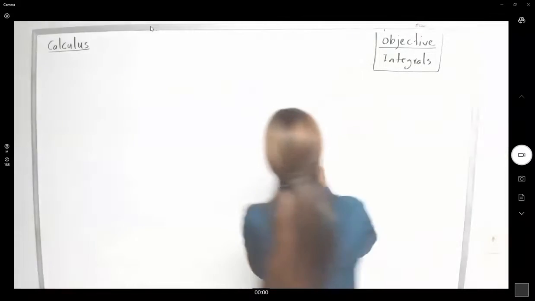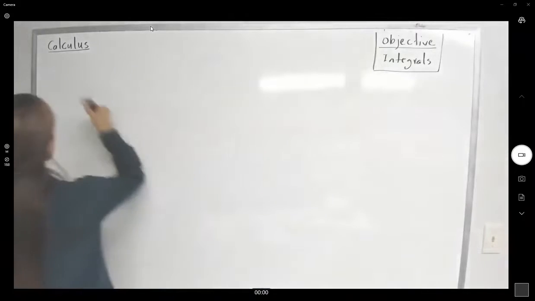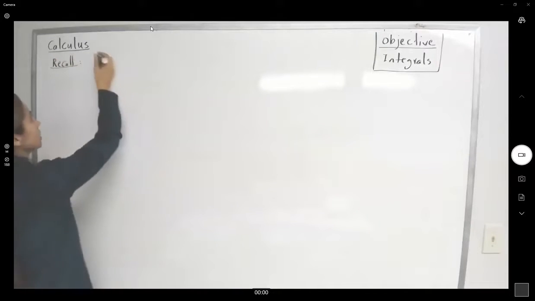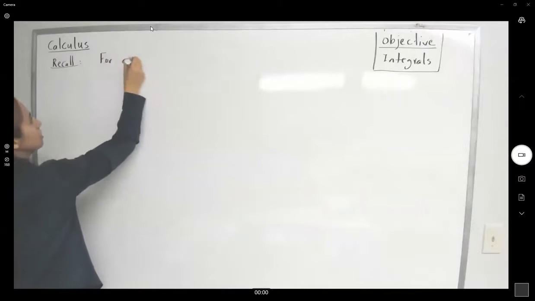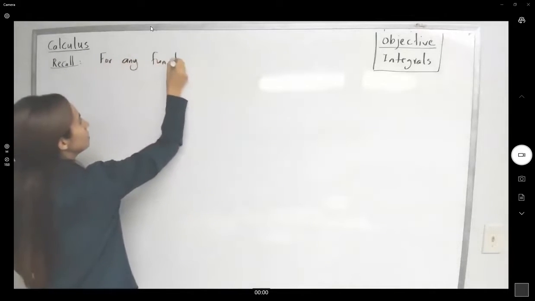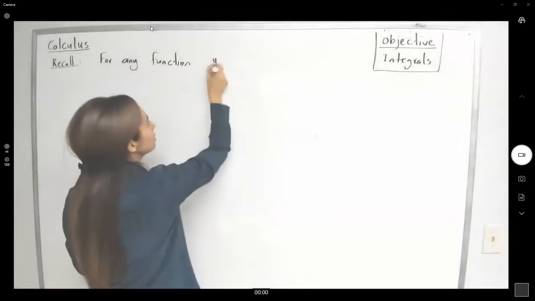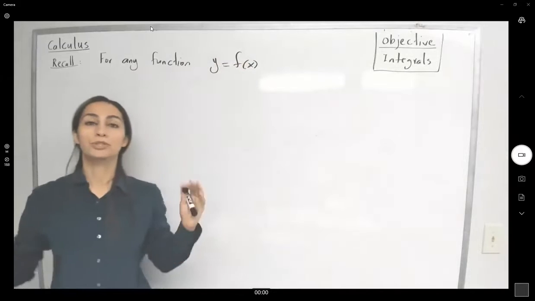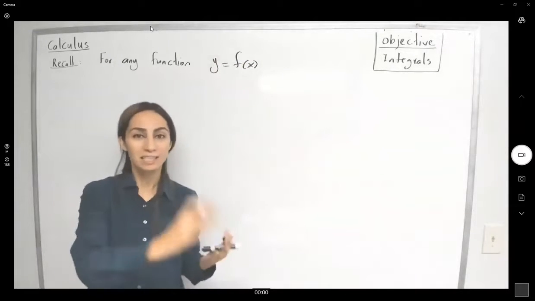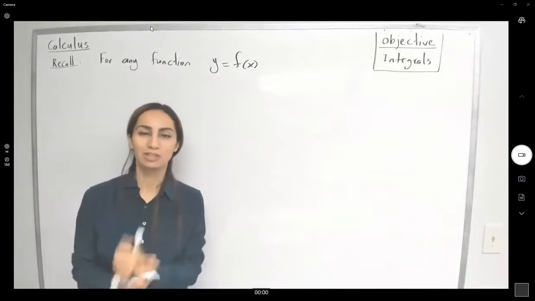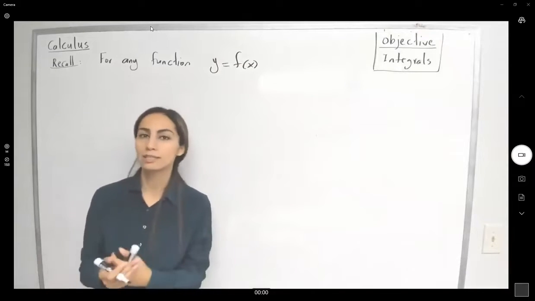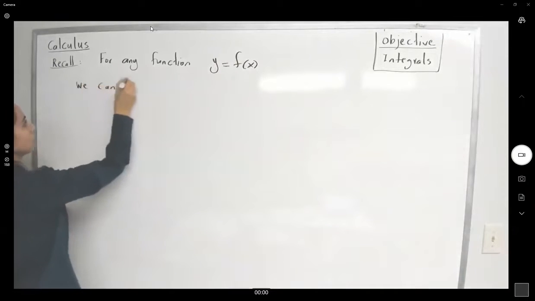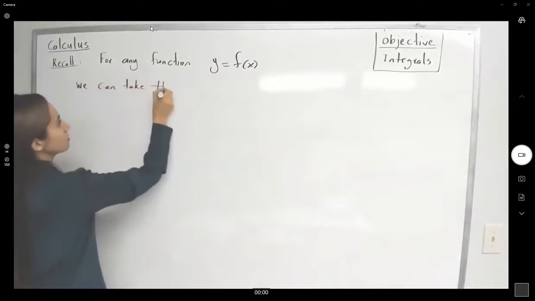So just to recall for you, for any function like y equals f of x, if you're able to define the limit definition of the derivative, then we can use those shortcuts and take the derivative of the function.